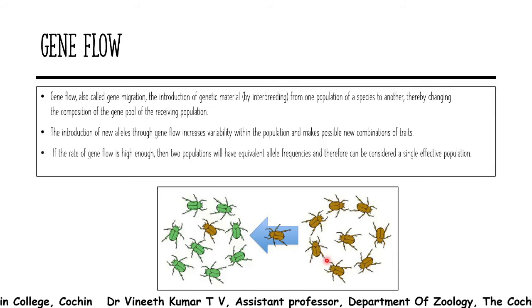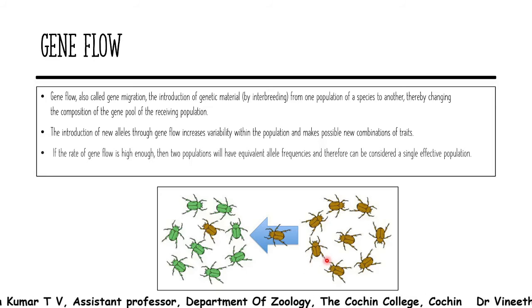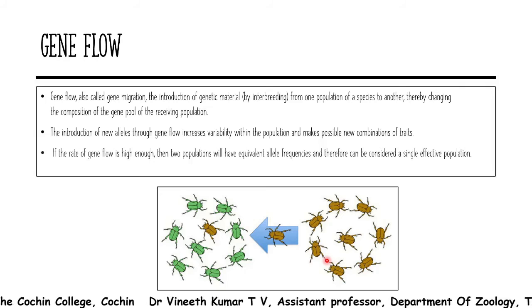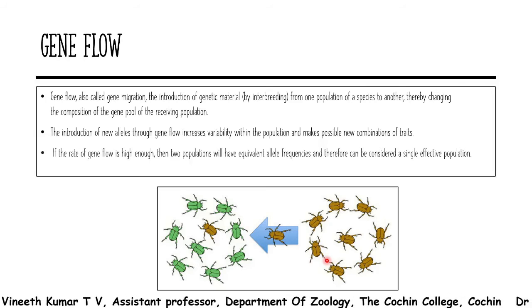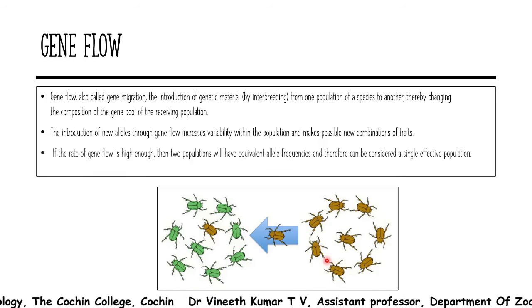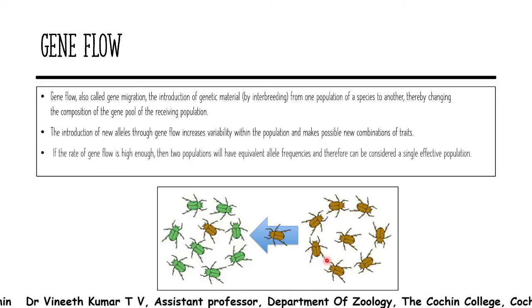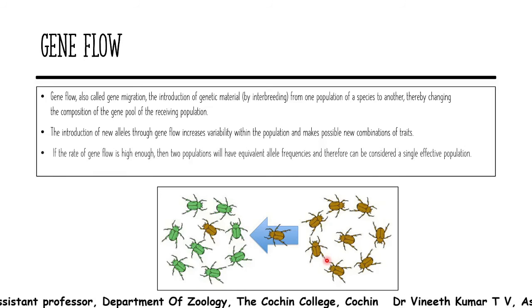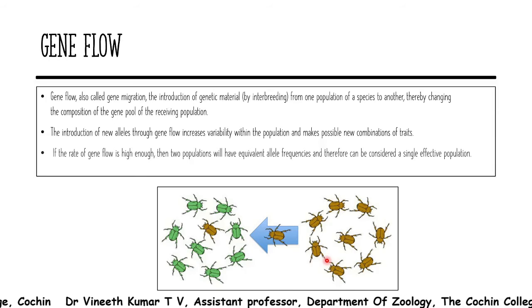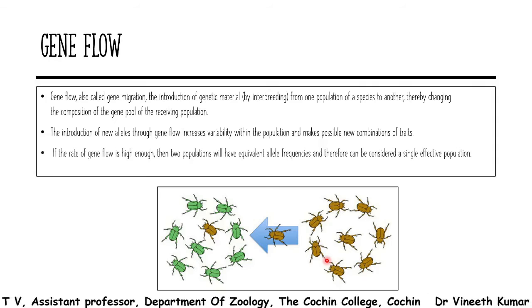So in simple terms, if you define gene flow, it is the migration of genes which causes the introduction of new genetic material in a population, or genetic exchange between two different populations. And because of this, there will be a change in the gene pool.